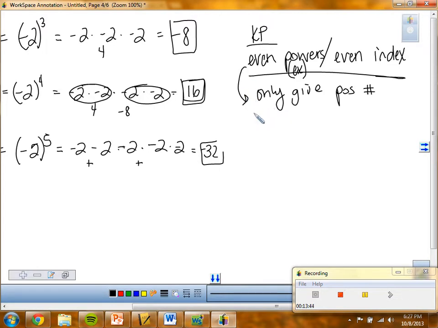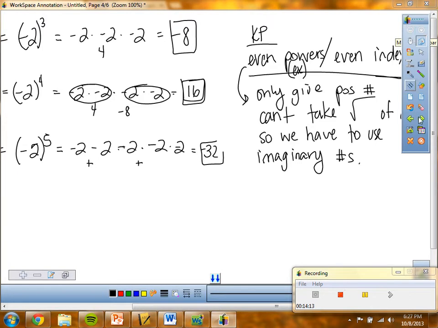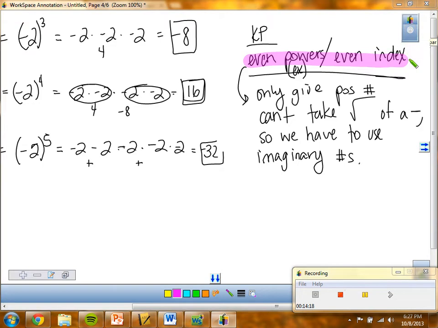So we can't take the roots of a negative, so we have to use imaginary numbers. Imaginary numbers, right? So with even powers or an even index, that's when we use imaginary numbers.